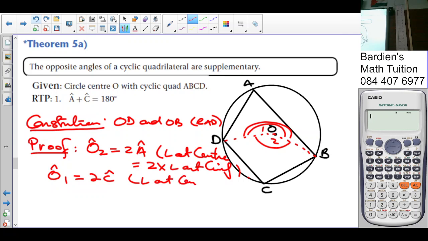Angle at center is equal to 2 times angle at circumference. Not so? Yes? Can you find O1? Yes, O1 is going to be what? 360 minus O2. Yeah.